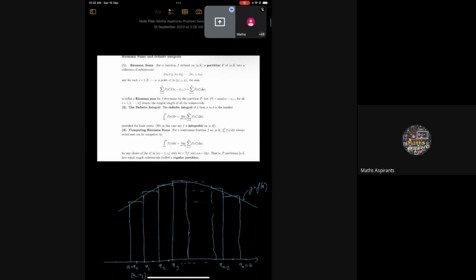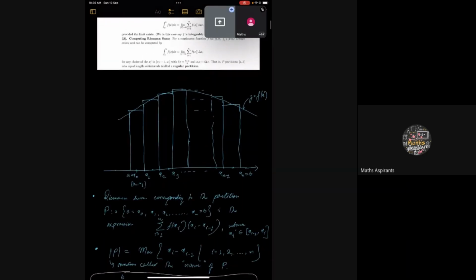For any function f defined on a closed interval, a partition P of it into a collection of subintervals. Maybe I'll just explain the picture itself.